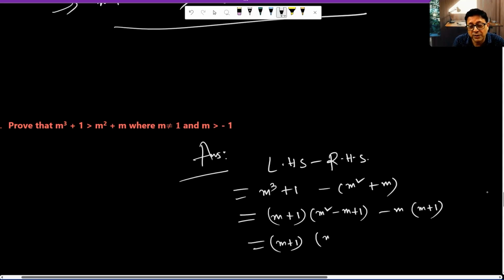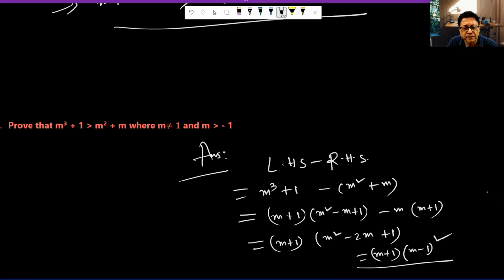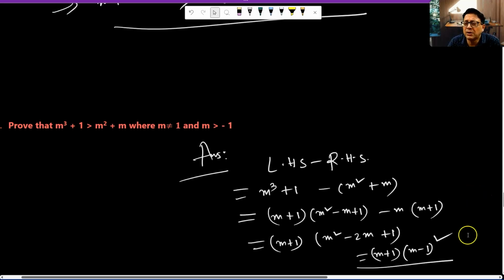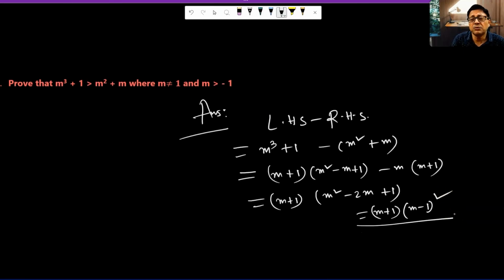Isn't it? So, just factorize it. I hope you have understood the utility of factorization here. m plus 1 and this is m minus 1 whole square. Okay? What is m plus 1 and what is m minus 1 whole square? See, m minus 1 whole square is always positive, m not equal to 1.